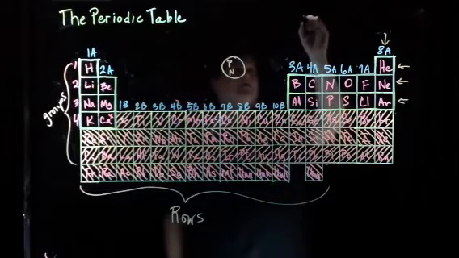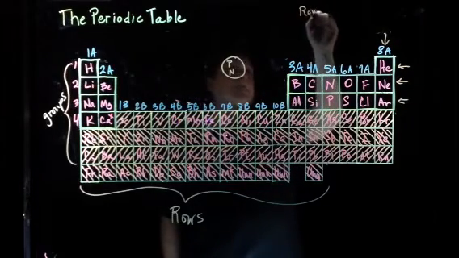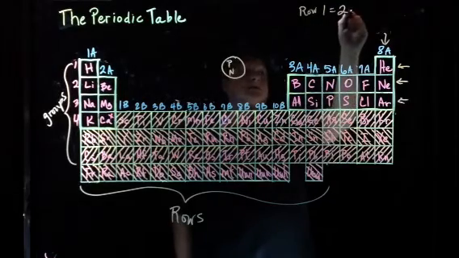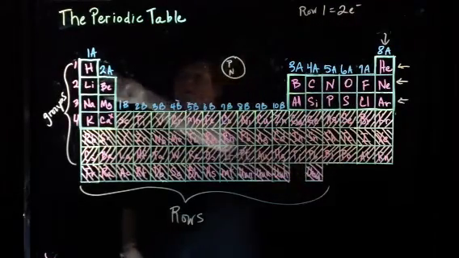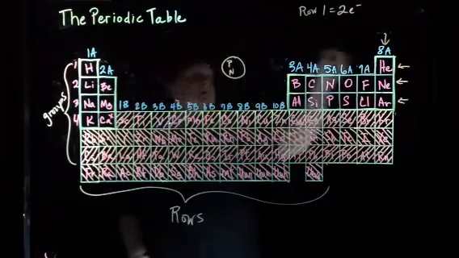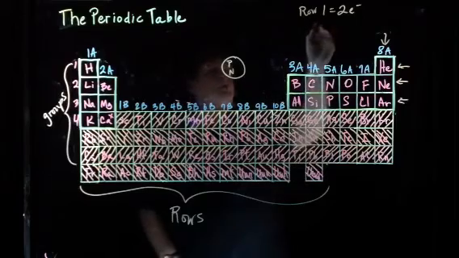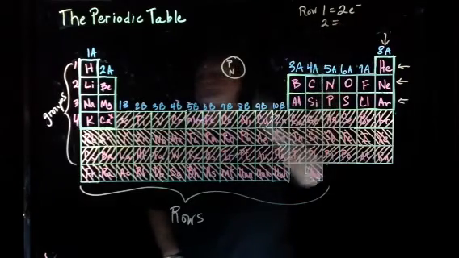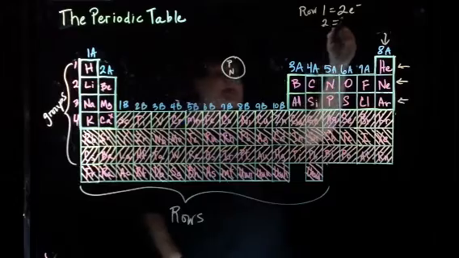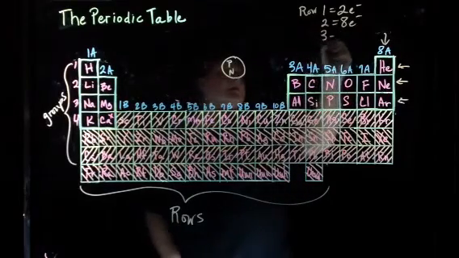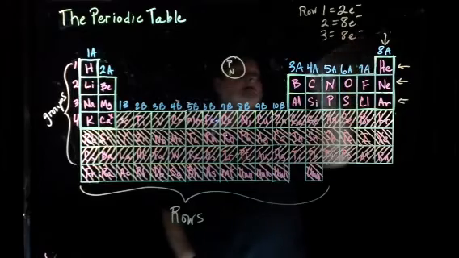So row 1 can hold 2 electrons. And you'll see here in row 1, I have 2 elements, hydrogen and helium. Row 2 can hold 8 electrons. Row 3 can hold 8 electrons.